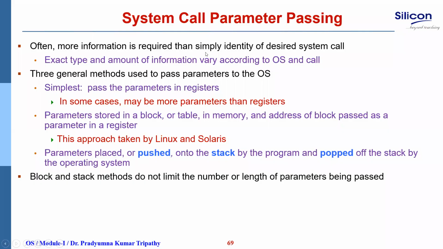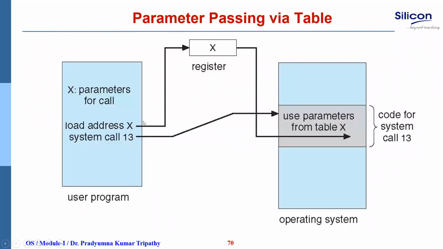Often more information is required than simply identifying the desired system call. The exact type and amount of information required varies according to the operating system and the call. There are three general methods used to pass parameters to the operating system. The simplest is to pass the parameter in a register, which I have done over here; I put it in a register and it will get it from there itself.